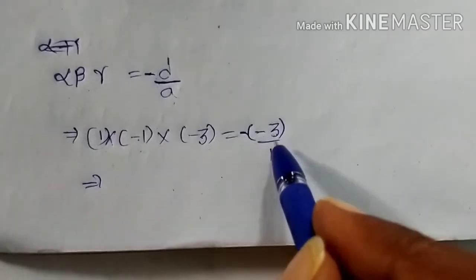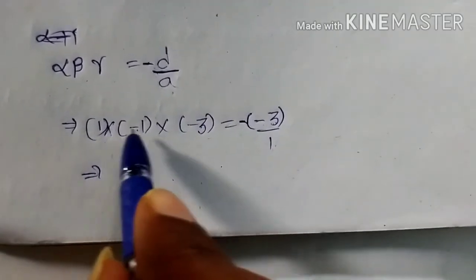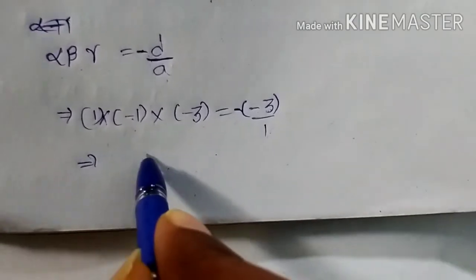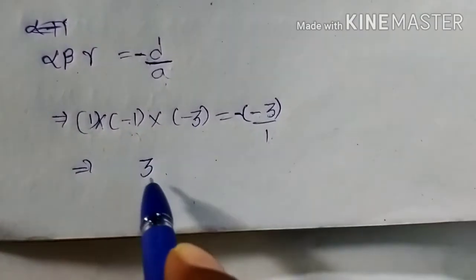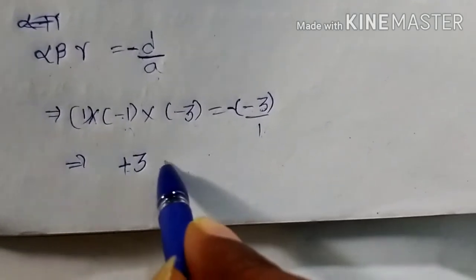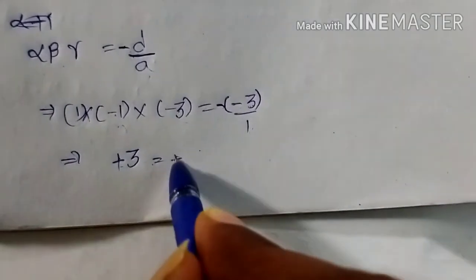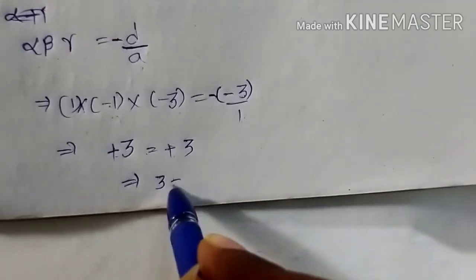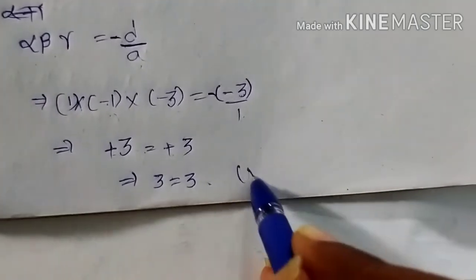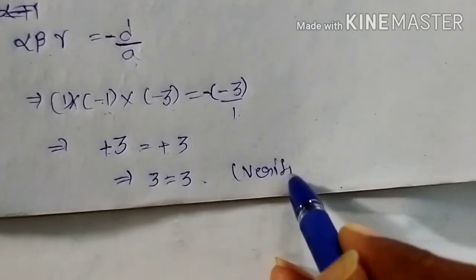D value is minus 3 by 1. See here 1 into 1, 1 only. 1 into 3, 3. Plus into minus, minus; minus into minus, plus. That means plus 3 is equal to plus 3 by 1, which means 3. That means you are getting here 3 is equal to 3. Yes, verified. LHS is equal to RHS.